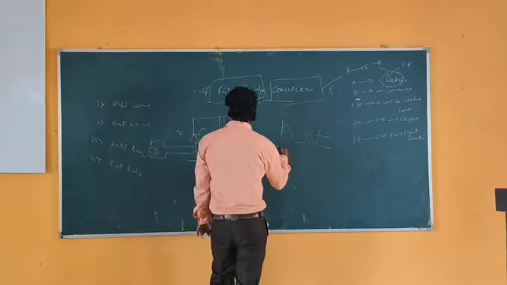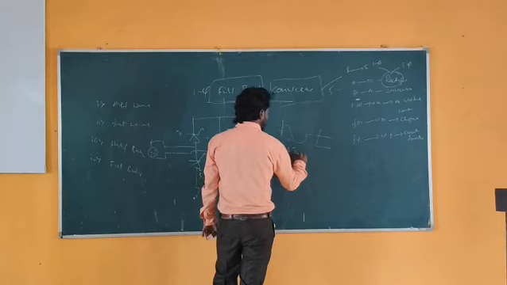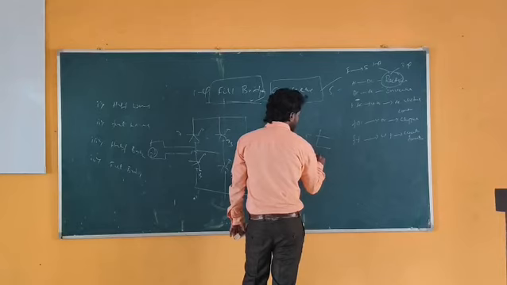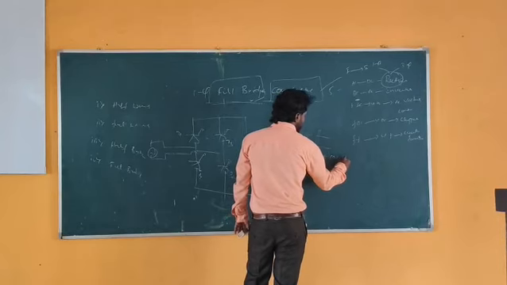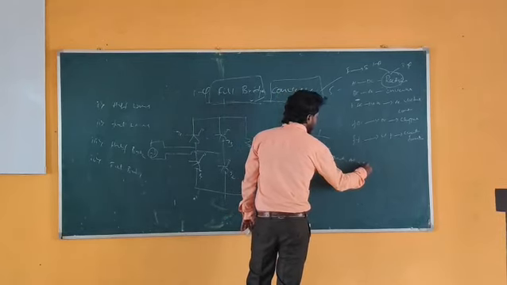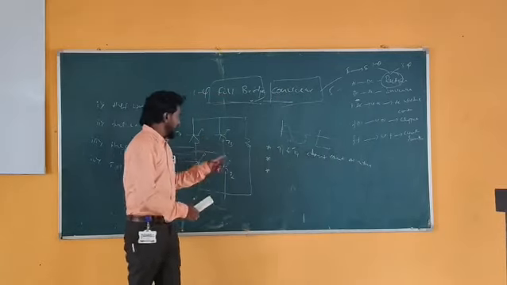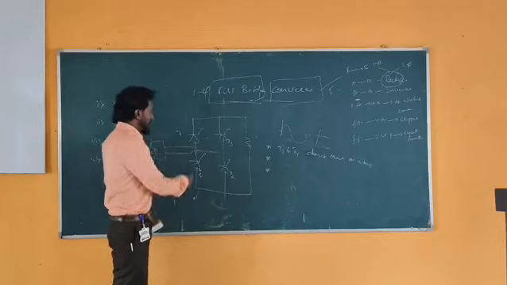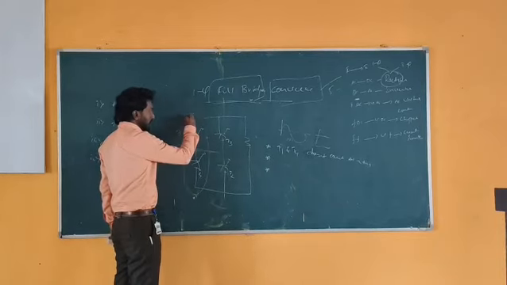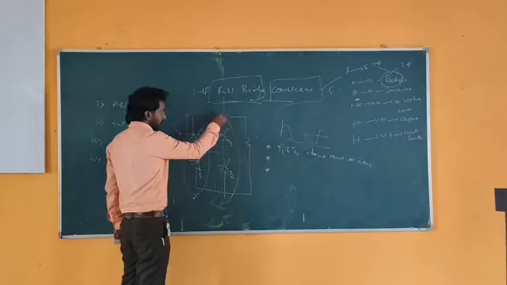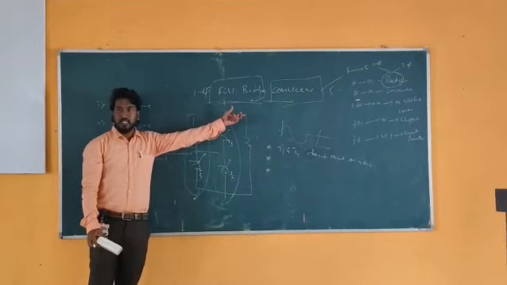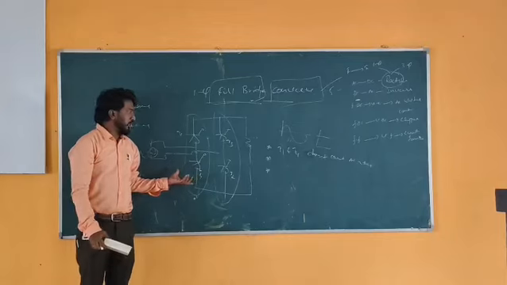That is, T1 and T4 do not conduct at a time. Similarly, T3 and T2 do not conduct at a time. So this one we can call one leg, and this one another leg. That's why we call it a bridge converter, because it looks like a bridge.